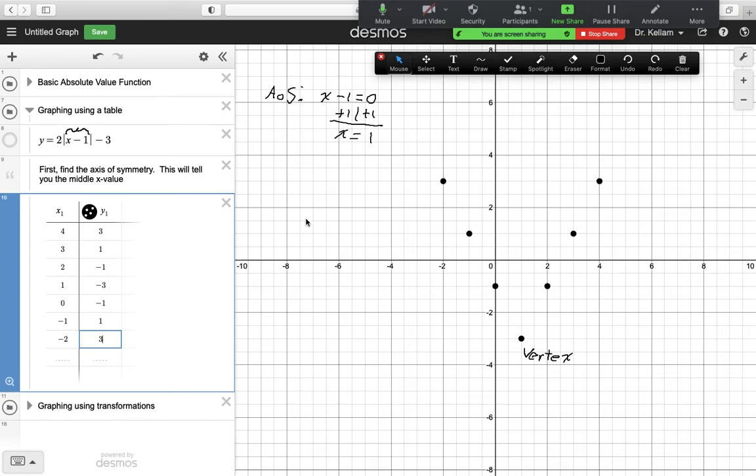function. And from here, it would just be we go through and we connect the dots, remembering to change our direction at the vertex. So we end up with that classic V shape that is the graph of an absolute value function.